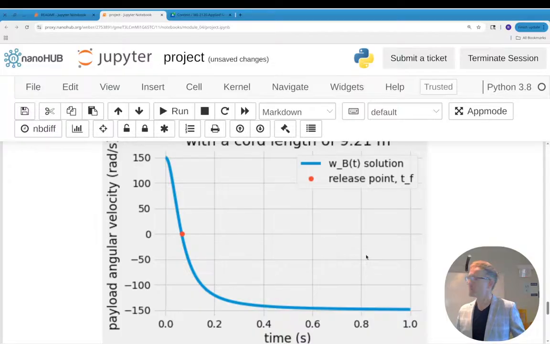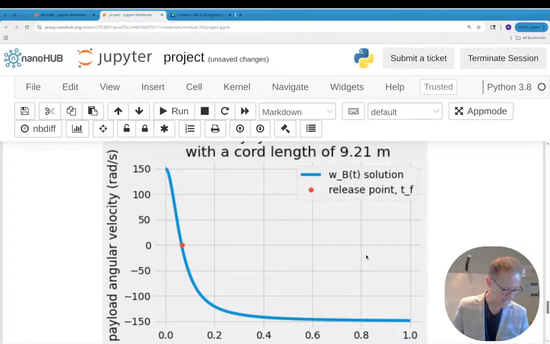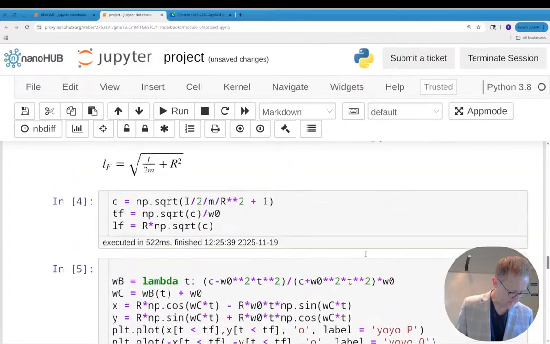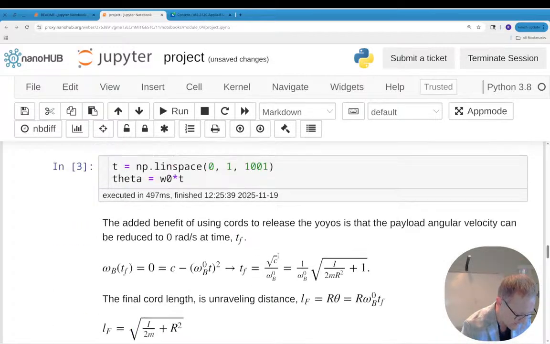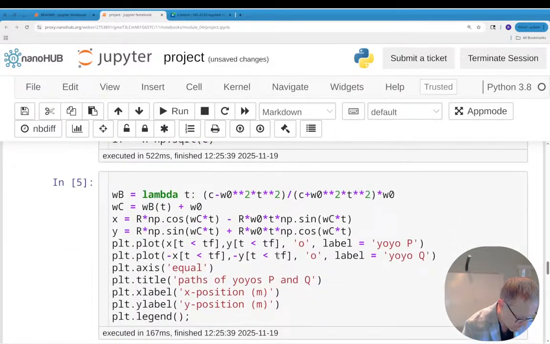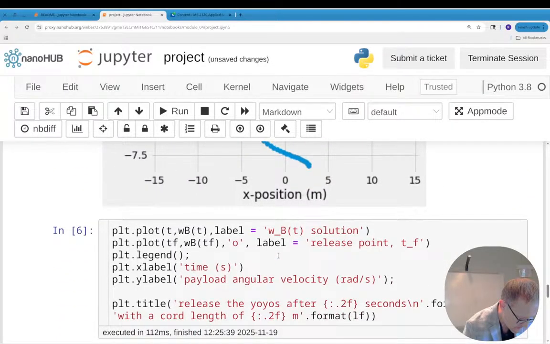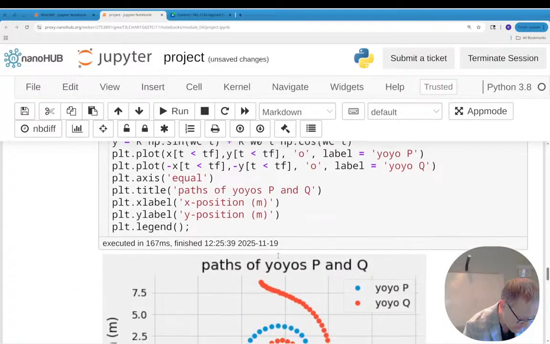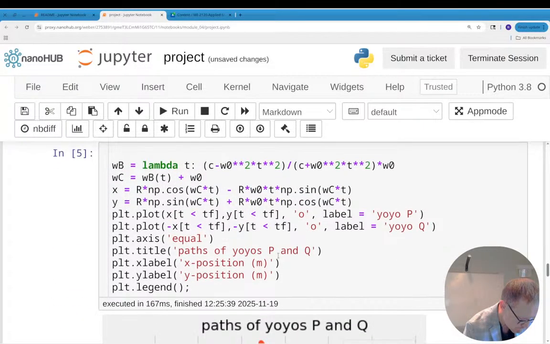But the code that's in here is just physics. Which part are you saying? This one? Yes.